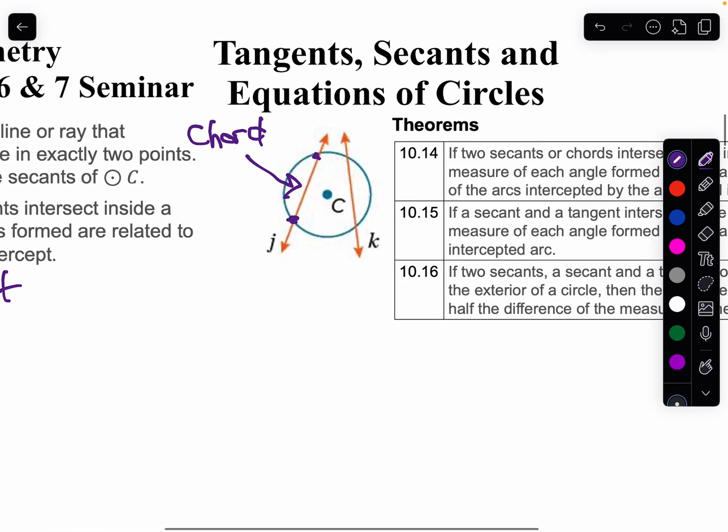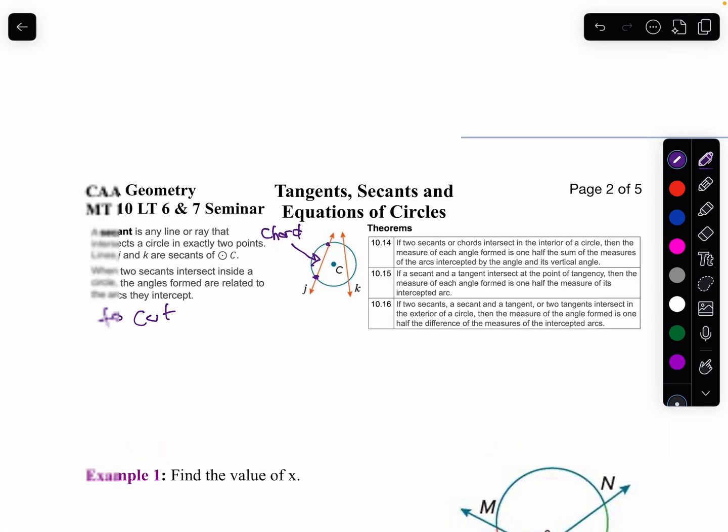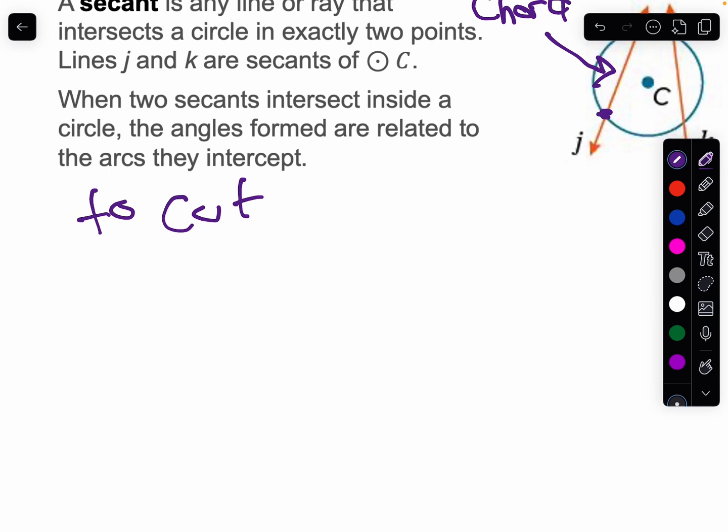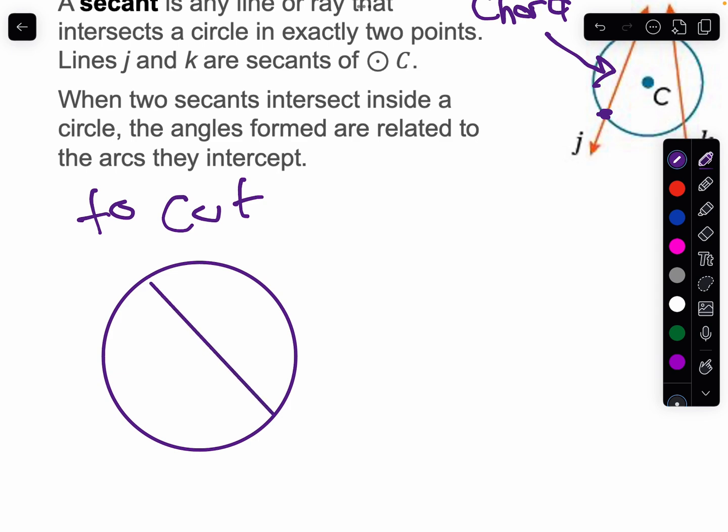Now, because we have secants, we have some general rules that go with the angles. More specifically, it's where the vertex of the angle is. First off, if I have a circle and I have 2 secants, or 2 chords in this case, and they intersect inside the circle, to find this angle here, notice I've got vertical angles, don't I?